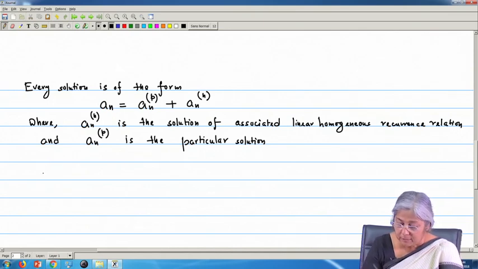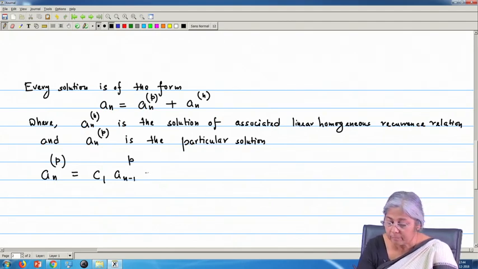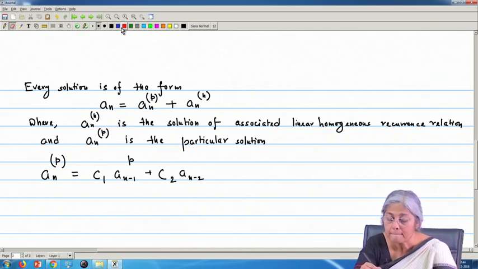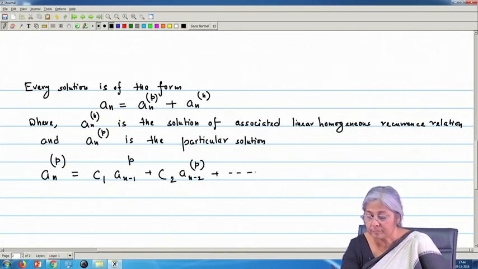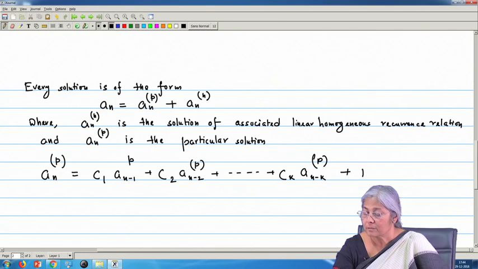So, actually a n p I can write equal to C1 a n minus 1 p plus C2 a n minus 2 p, up to C k a n minus k p plus f n.